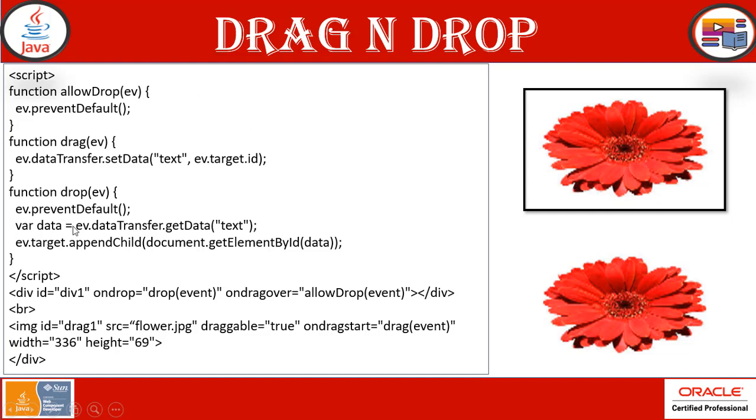That is possible with the help of some script and some kind of method to be called in the division form. So all you need to do first is make a division tag in HTML and give it an ID, and that ID will be further invoked, with the on drop event and the drag over allow drop method, and this is the allow drop method.